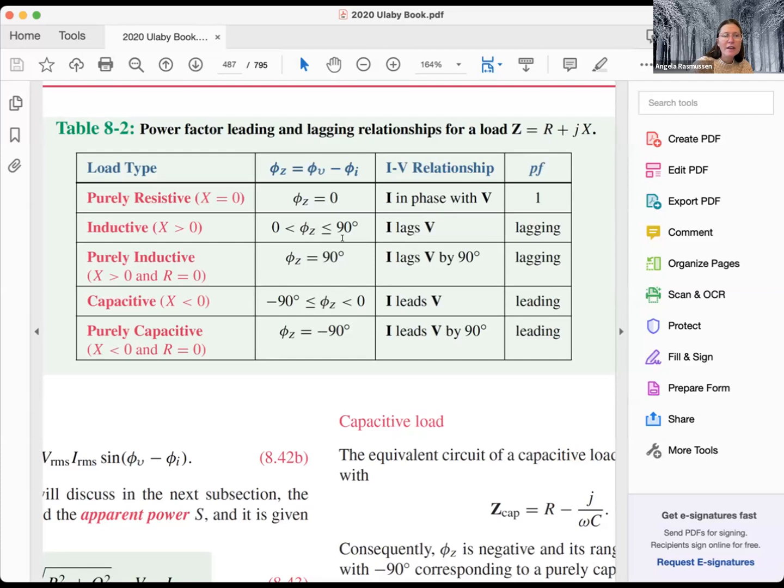Once I've applied my voltage, there could be a lot of lag or a little lag, and then you finally see the current responding to that voltage input. And if it's the other way and your current leads, it means your current is super quick to respond, and so it's actually giving a response before the voltage changes.